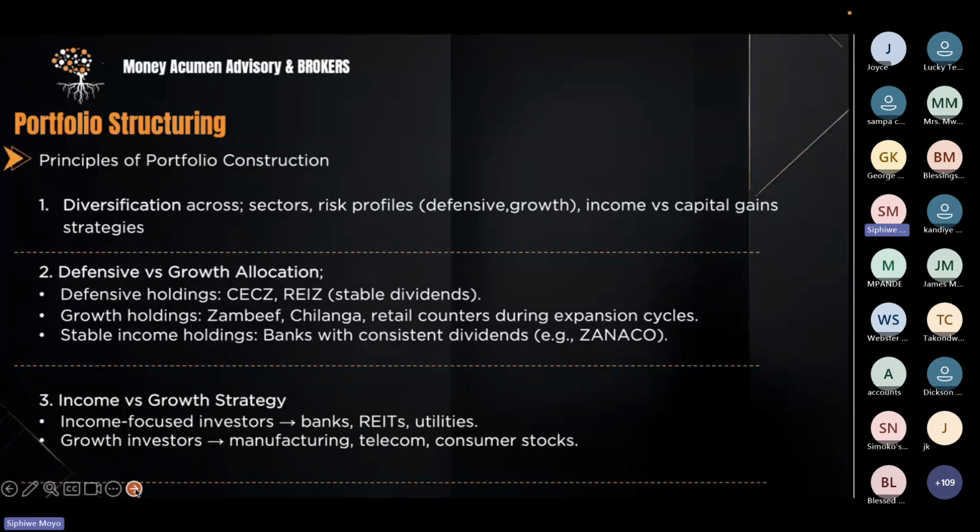So yeah, growth consumer stocks, for instance, we've seen Shoprite constantly reinvesting profits into projects. So now that you have these principles on how your portfolio should be structured, we will get into some of the sample portfolios structured.